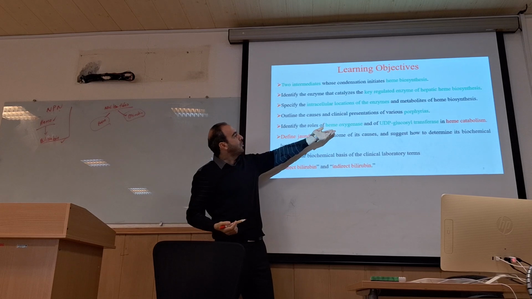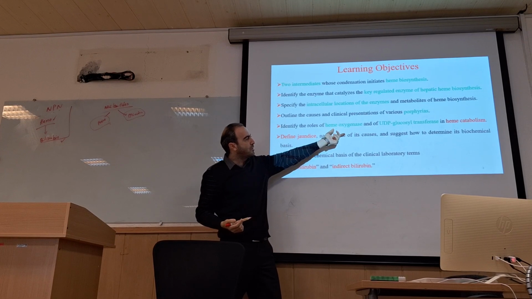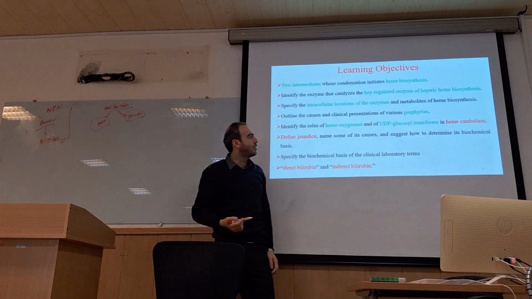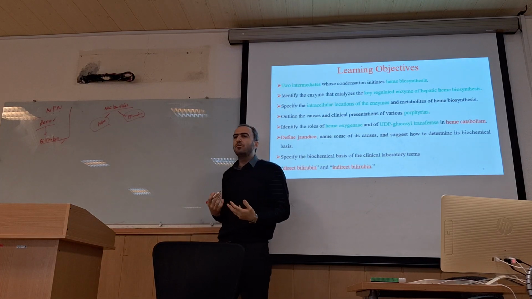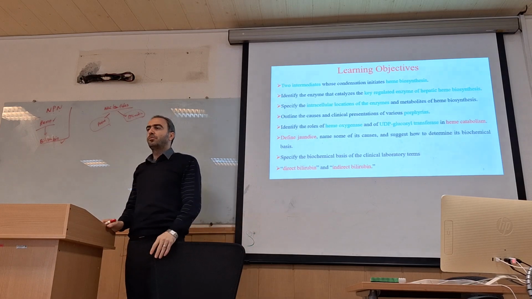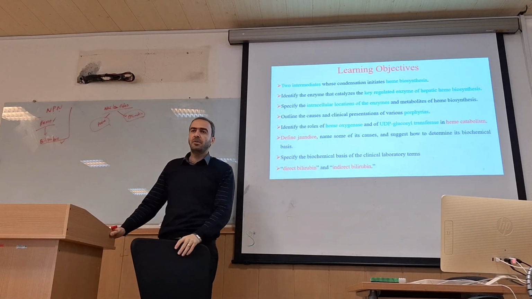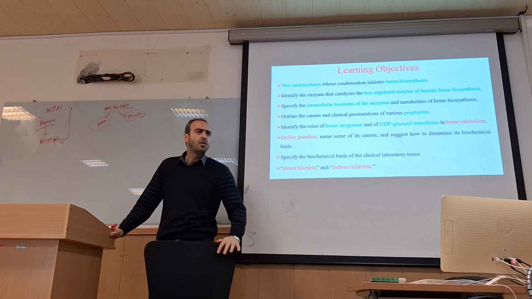And the second part, we are going to talk about degradation of heme by heme oxygenase and glucuronosyl transferase. There are 2 enzymes which are so important in heme degradation. And we have a famous disease related to bilirubin, known as jaundice, or in Arabic, yarakon.